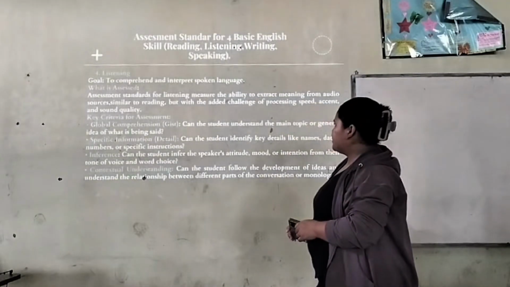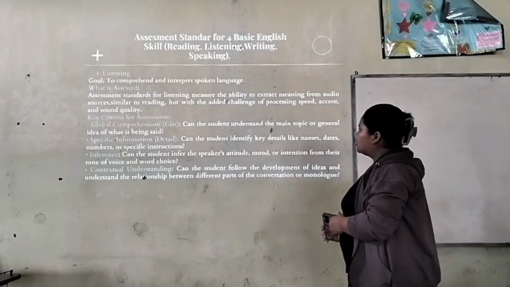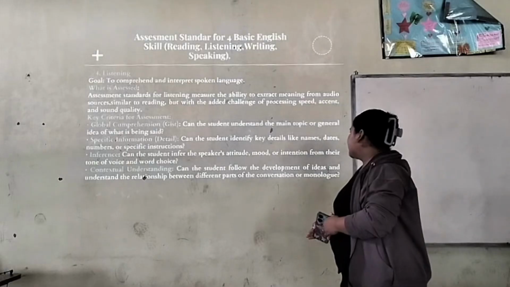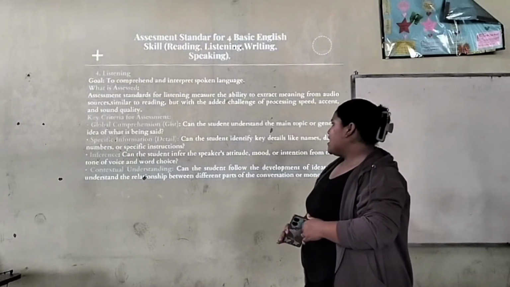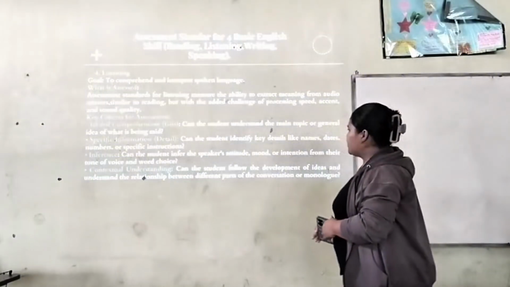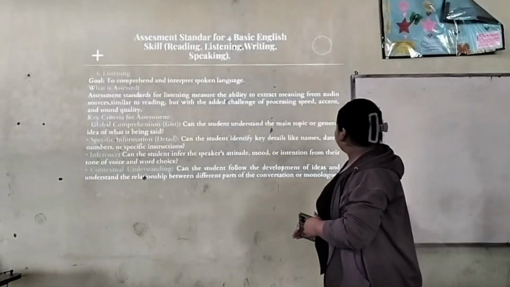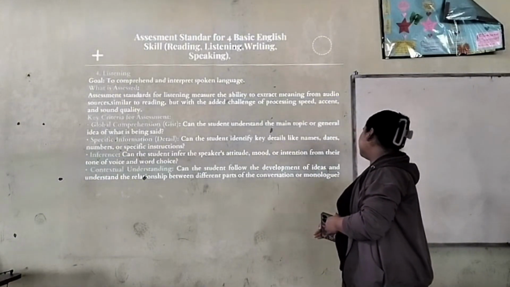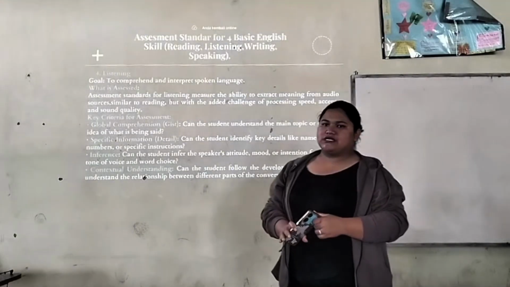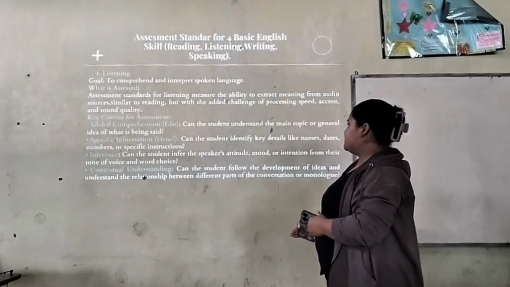The key criteria for assessment is, first, global comprehension. Can the student understand the main topic or general idea of what is being said? The next is specific information. Can the student identify key details like names, dates, numbers, or specific instructions? The third is inference.